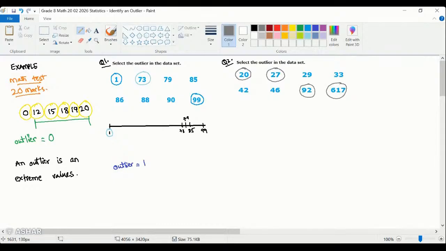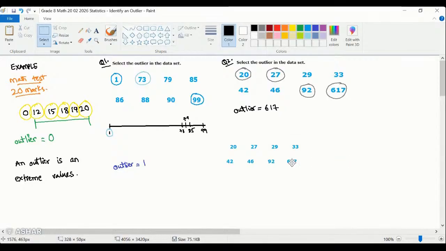Agreed? So as per the information provided, the outlier for this information would be 617.